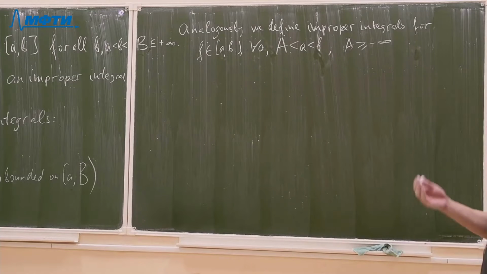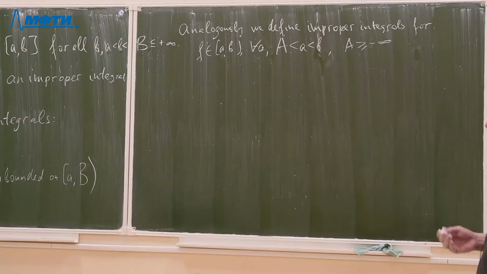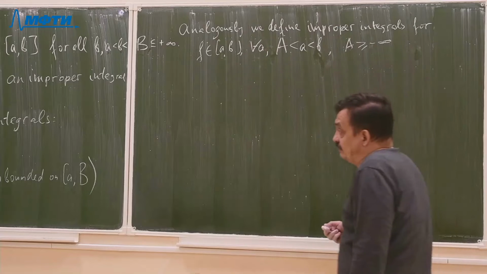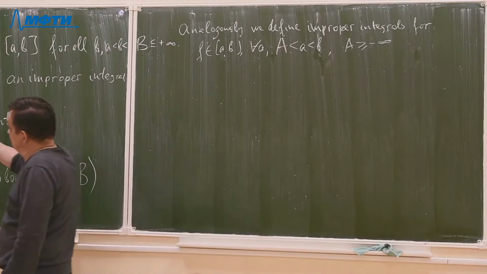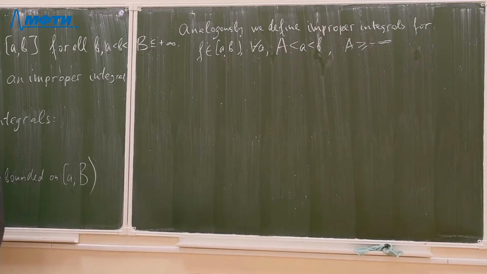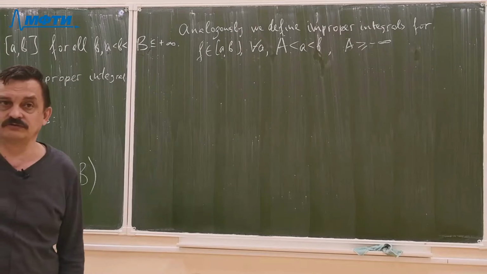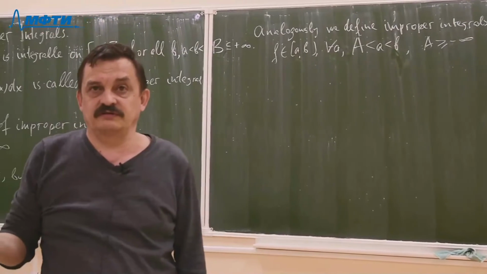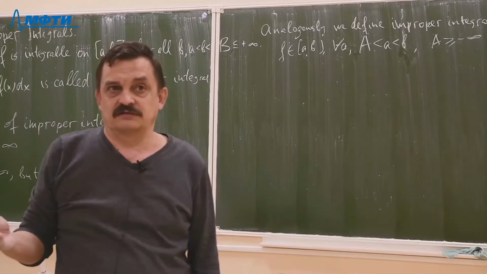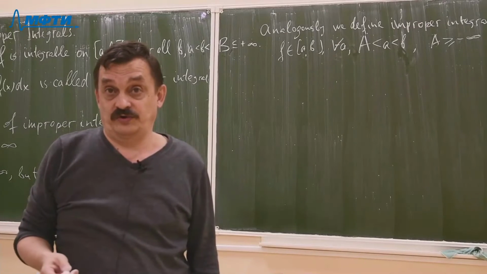The question is, okay, this, for a while, what was written is just a symbol, nothing else, right? There is no notion. I wrote something and I said, this is called improper integrals.